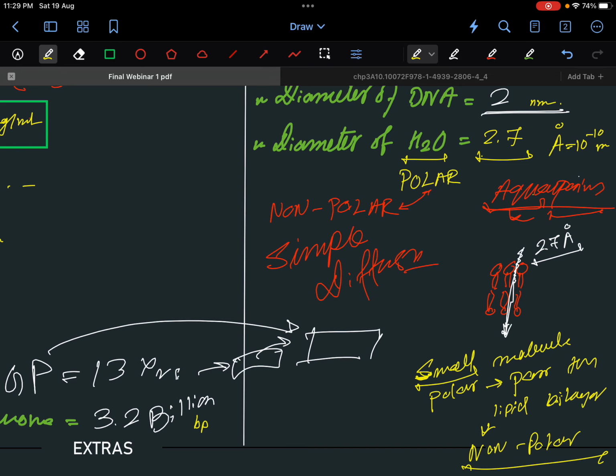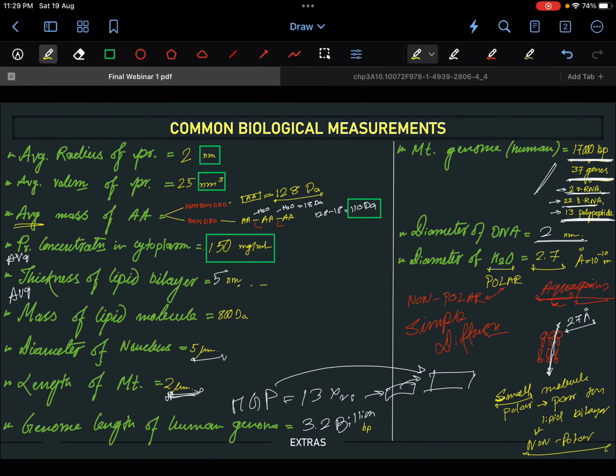So we have aquaporins, the water gates. Through water gates, the transport of water is much faster than diffusion. But under normal cases, due to the size of the water, simple diffusion can pass it through the lipid bilayer membrane. I think we are done with this slide, and now the next slide.